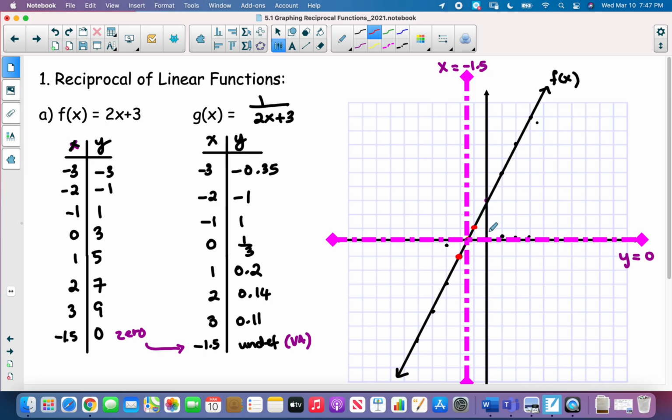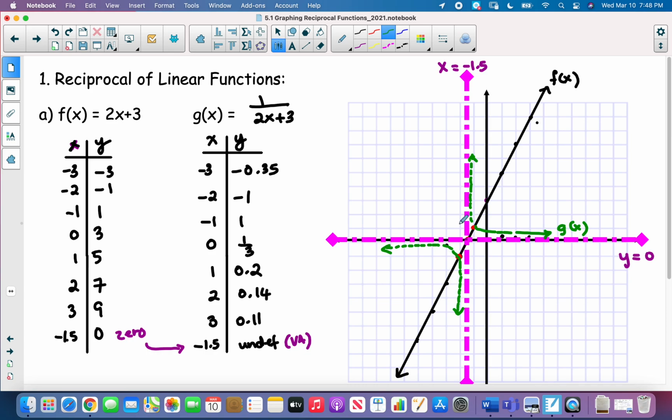I know that the reciprocal function is going to pass through these points and approach the asymptotes. Let me use a different color here. It's going to pass through that invariant point and approach the horizontal and vertical asymptotes that way. Similarly, on this side, it's going to pass through the invariant point and go this way. So this green is the function g of x.